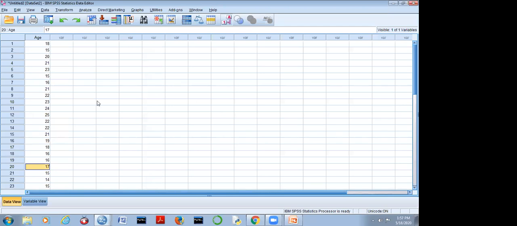So mode value in this means the 15 is repeated more times. तो मतलब इसमें 15 एज ग्रुप ज्यादा रिपीट हुआ है. ठीक है, got it?